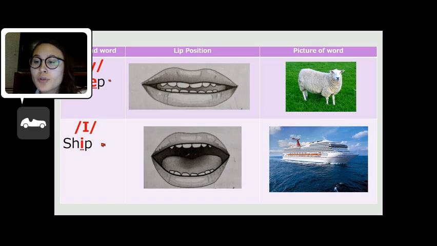And I want you to, again, pay attention to the position of my lips. Sheep, ship, sheep, ship, sheep, ship.